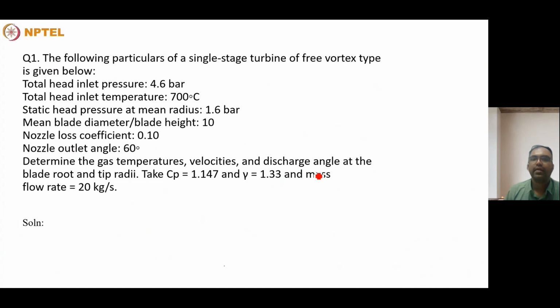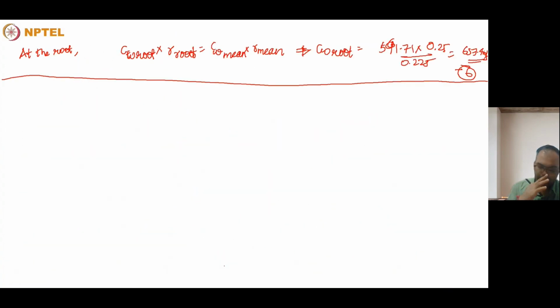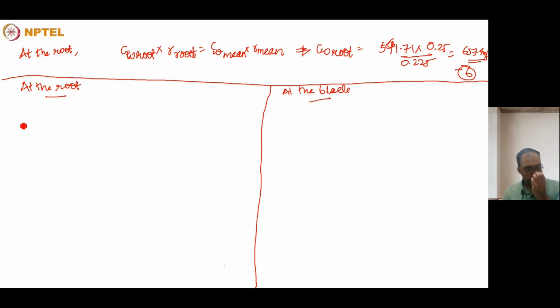We have to calculate the same nozzle outlet angle, or the inlet to the blade, at the blade root and the tip. So that value will be slightly different from 60 degree. So we have to calculate alpha 2.